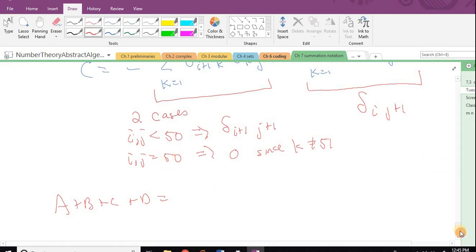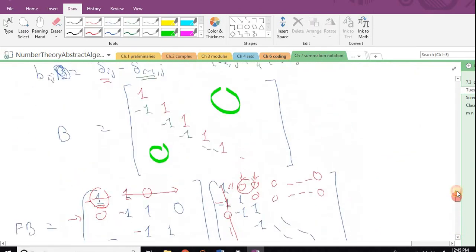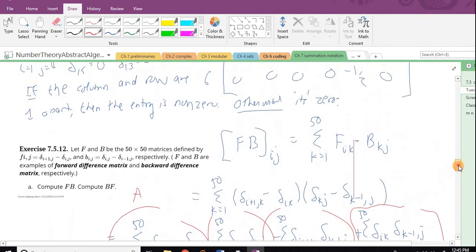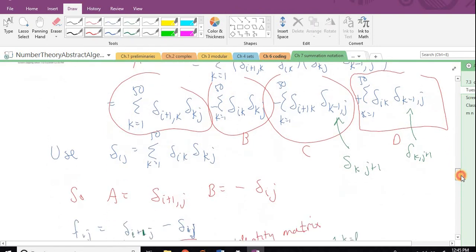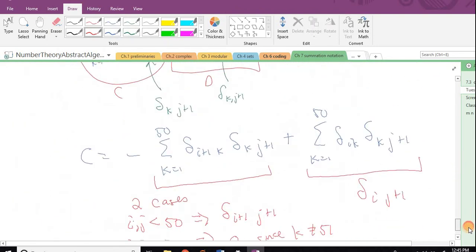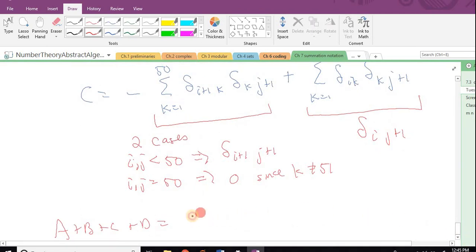So the A was delta ij, I believe, right? The A is delta I plus 1j, and the B was minus delta ij. So I did combine those. You have delta I plus 1j minus delta ij. Well, you can combine them except for one case, right?